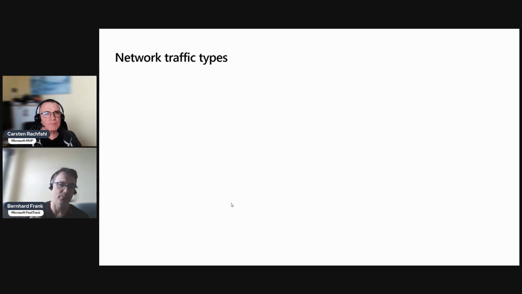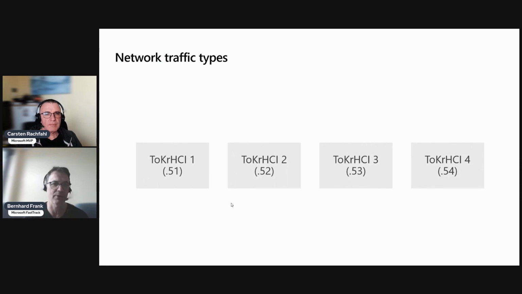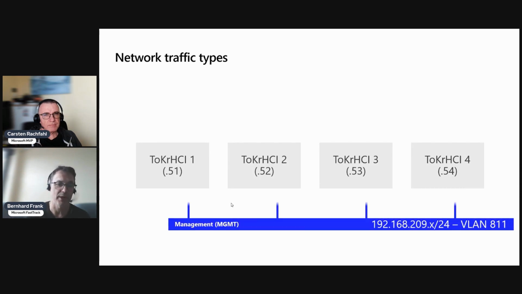Obviously we do have different network cards, different network ports. That was the physical representation of it in the previous slides. Now we need to do it maybe a little bit more on the logical side of things, right? So we do have different traffic classes. Here I'm trying to give you an idea of which IP address range we are using for which traffic, therefore this PowerPoint slide.